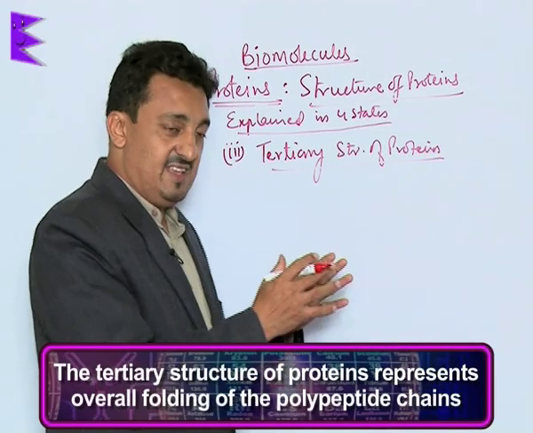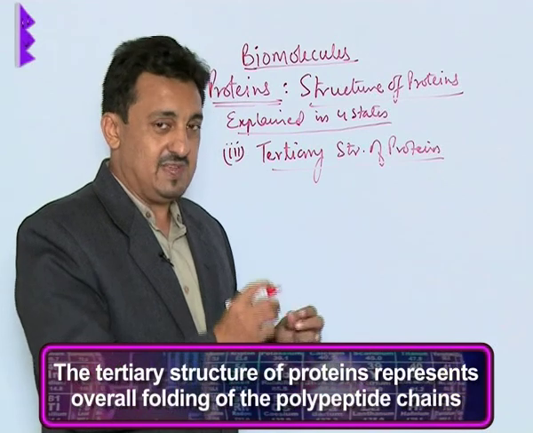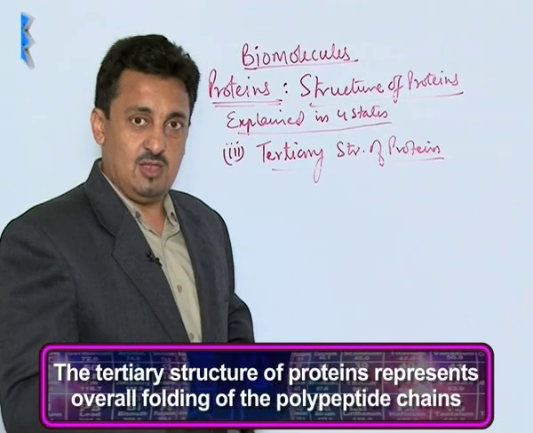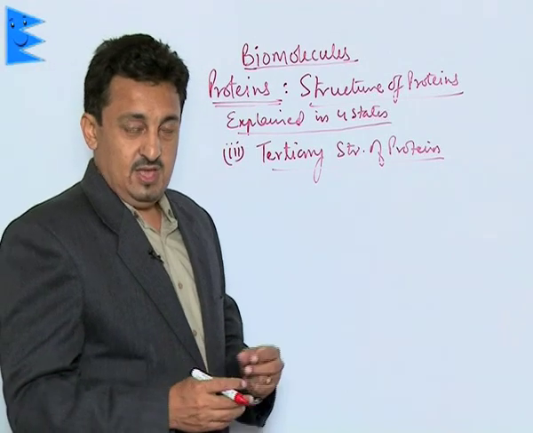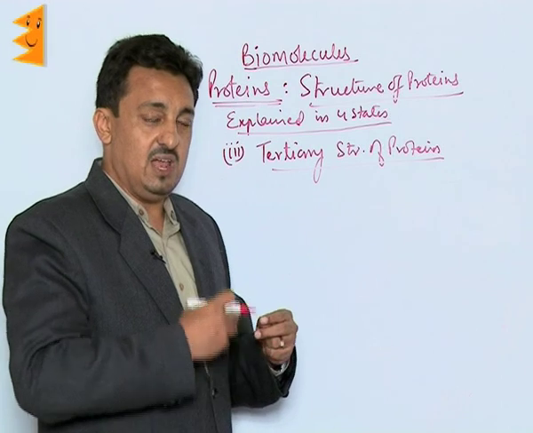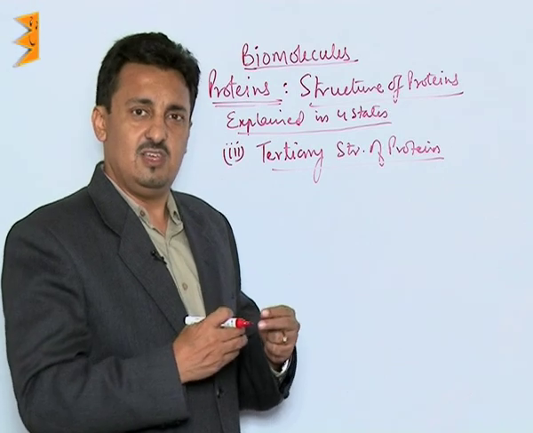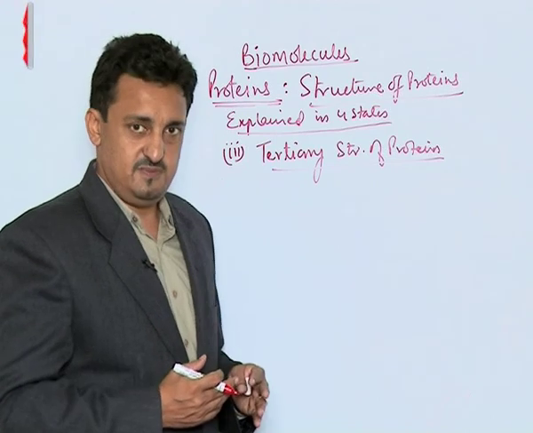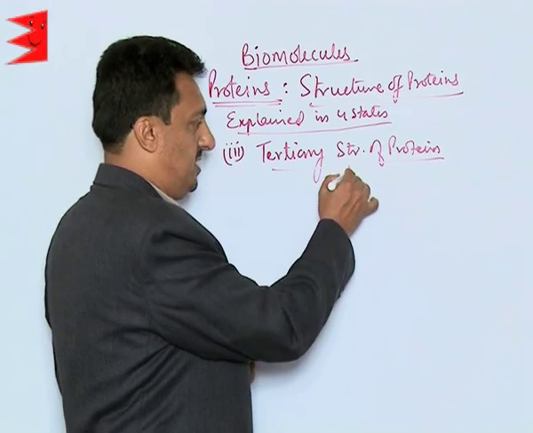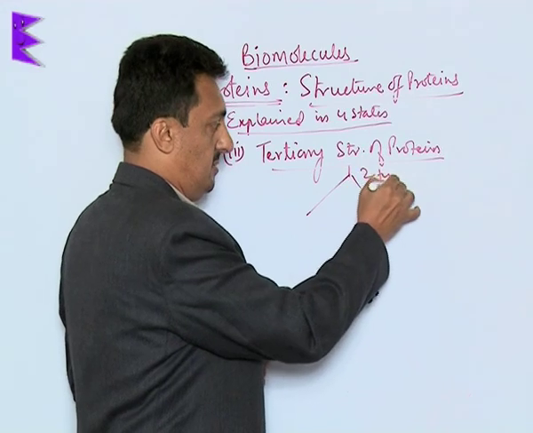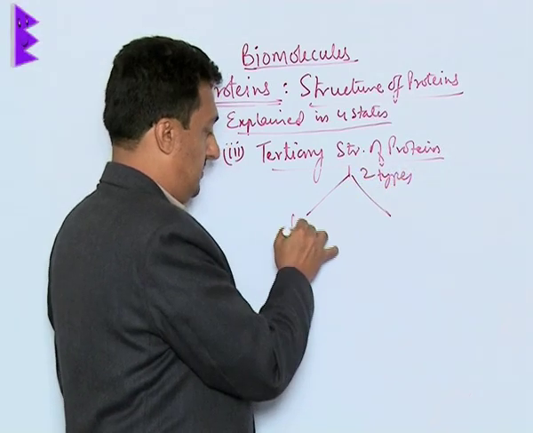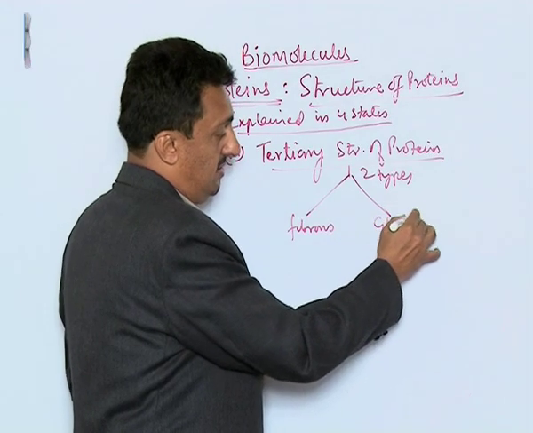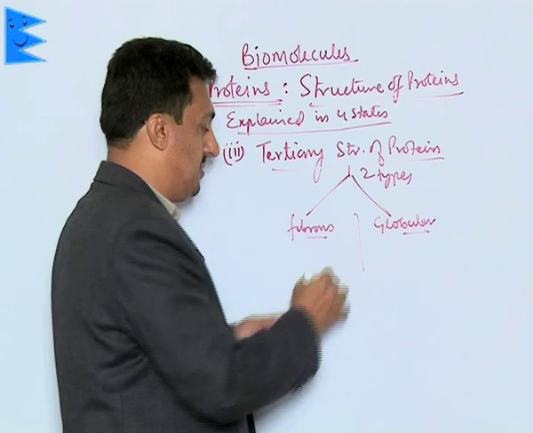We have seen in the secondary structure that the protein polypeptide chains arrange themselves either in the alpha helical manner or in the beta pleated manner. Now, how these arrangements are further combined with each other to form the next higher level of protein is called the tertiary structure. The tertiary structure of proteins is of two types, called fibrous and globular. We have already discussed this.